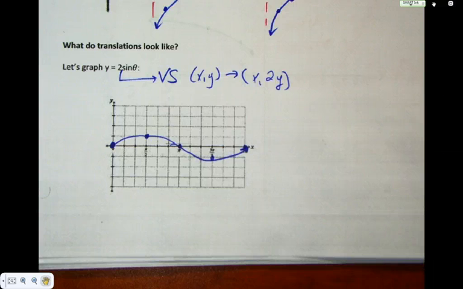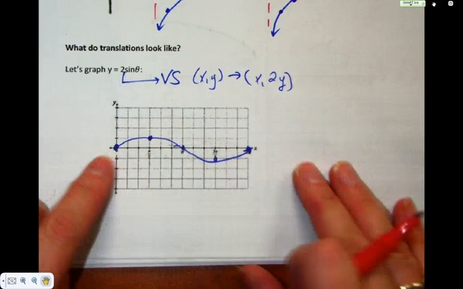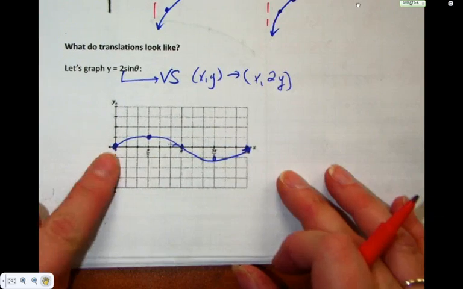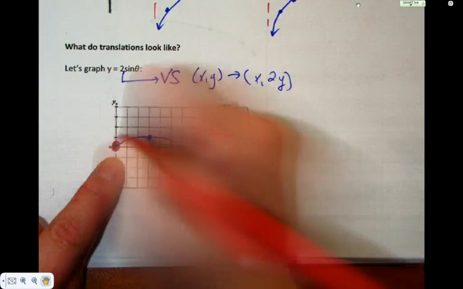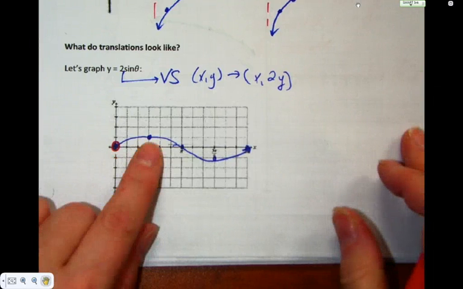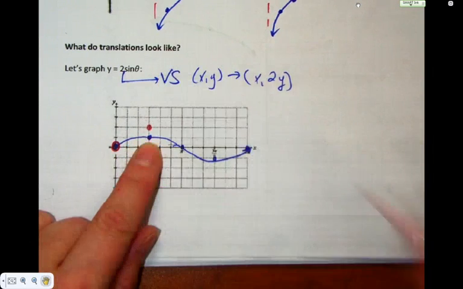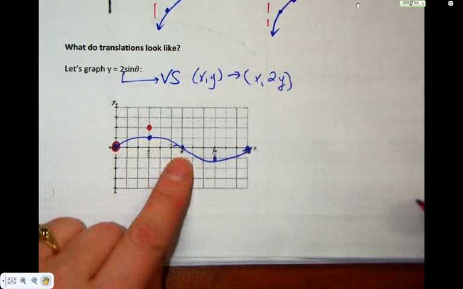Going to my red pen. If you're a point person, you can still use the points. If you're not, we can just do it visually. So I'm just going to go in order left to right and multiply everything by 2. First y value is 0, so 0 times 2 stays exactly the same. The next y value is 1, 1 times 2. The third value is 0, 0 times 2.